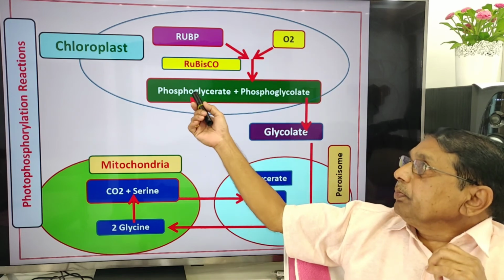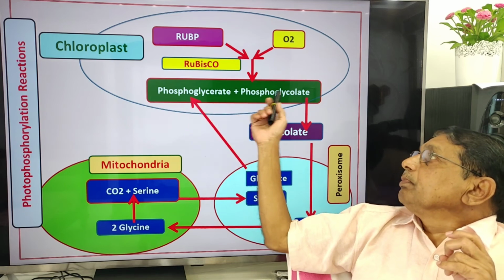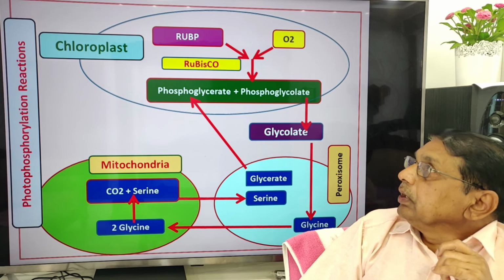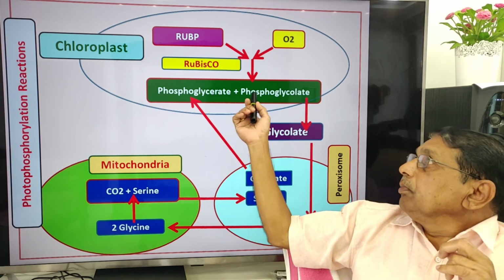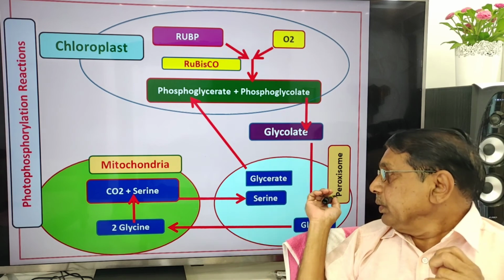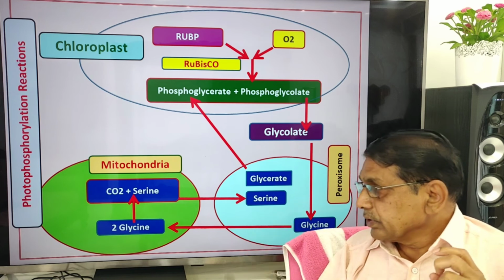The immediate products are phosphoglycerate and phosphoglycolate. Phosphoglycolate is transported to peroxisomes, where it is converted to glycine.